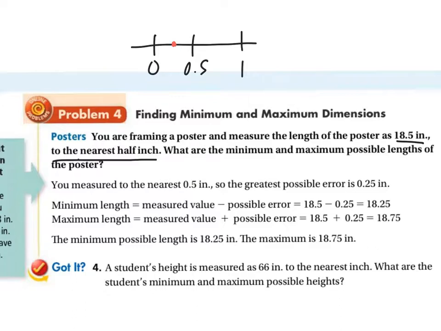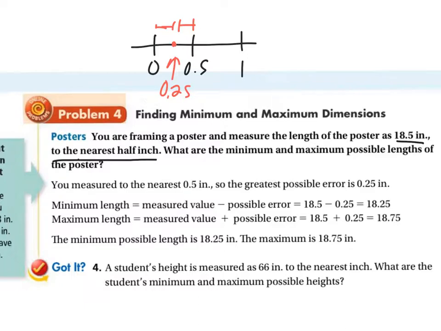Well, halfway between those would be 25 hundredths. So the most I would be off from either of these would be 25 hundredths, which is half of the half inch, basically. So no matter which marks we're in between, that'd be the furthest we'd be off, which would be 0.25 inches, or a fourth of an inch.